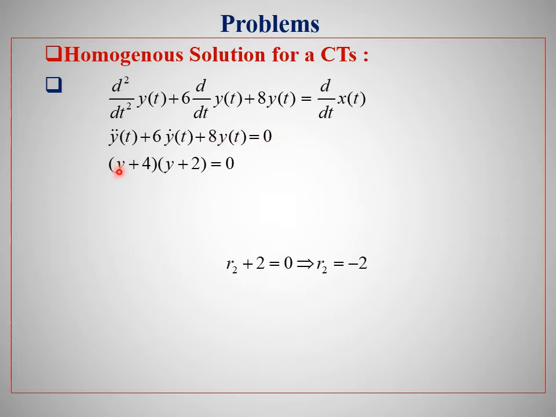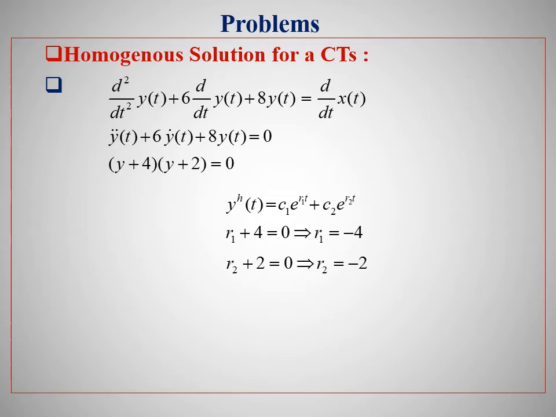And the solution for this is (r plus 4) into (r plus 2) is equal to 0, which means we would be getting the roots as r1 equal to minus 4 and r2 equal to minus 2.